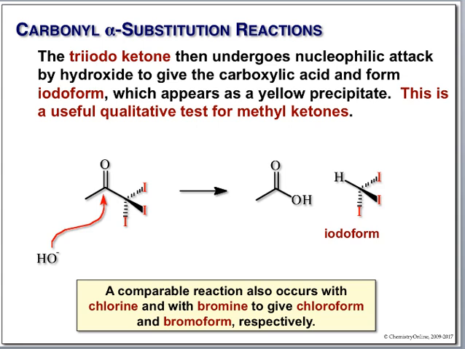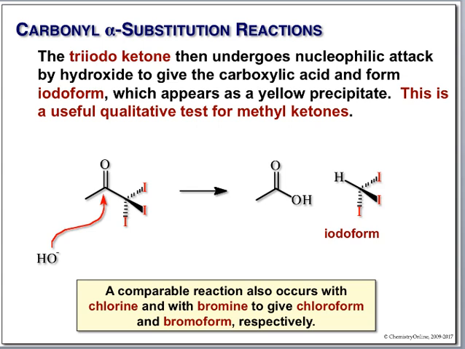This is used in qualitative organic chemistry. Let's say you have a compound that you think might be a methyl ketone. You want to test. Put it in base, add a little bit of iodine, boom, you get this precipitate right away of iodoform. Now the same thing happens with chlorine and bromine, but chloroform and bromoform aren't that interesting.